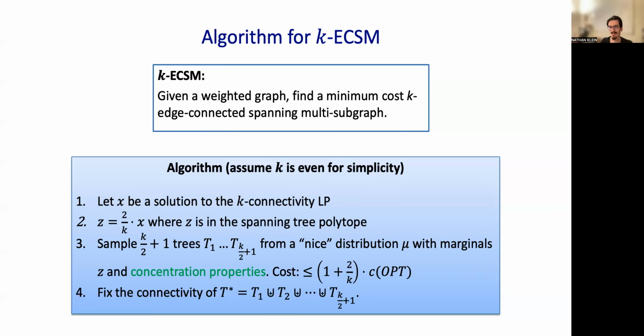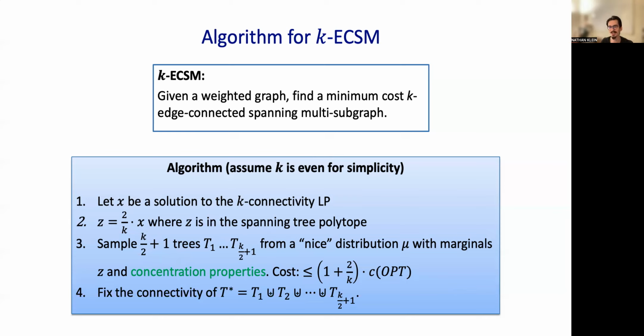And intuitively, you may expect it should be fairly cheap to fix T star as k gets large. We expect to have at least k edges across every cut because x is fractionally k-edge connected, and just k over 2 trees will already give you the marginals of x. And due to concentration, it's going to be unlikely that we get fewer than k minus some lower order term number of edges in any cut.